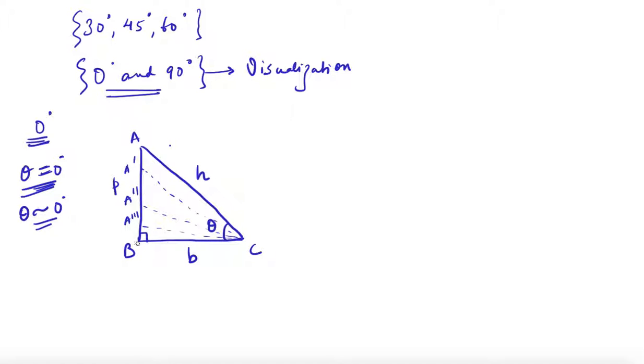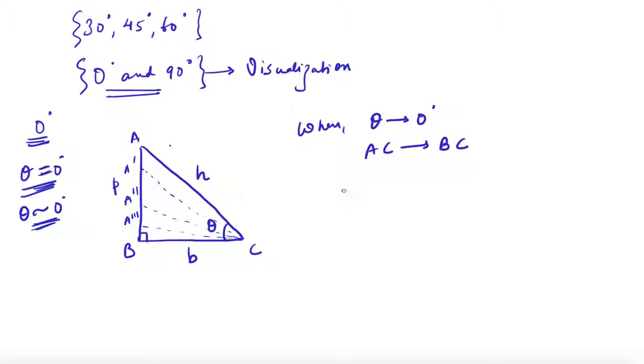Not exactly, but approximately it will coincide, because theta will be very close to 0 degrees, and in that case the hypotenuse AC will coincide approximately with BC, right? So I can write, when theta approaches 0 degrees, AC, the hypotenuse, approaches BC. I'm not saying that they will be exactly equal, but more or less they will be equal.